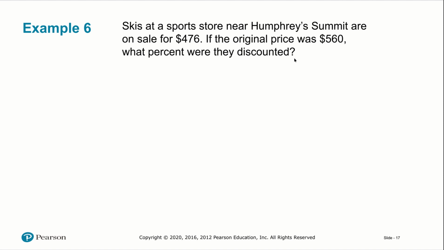And we want to know what percentage that is of the original price, right? So let's find that amount real quickly. So the amount of the discount is very easy to calculate because that's just 560 minus 476, right?